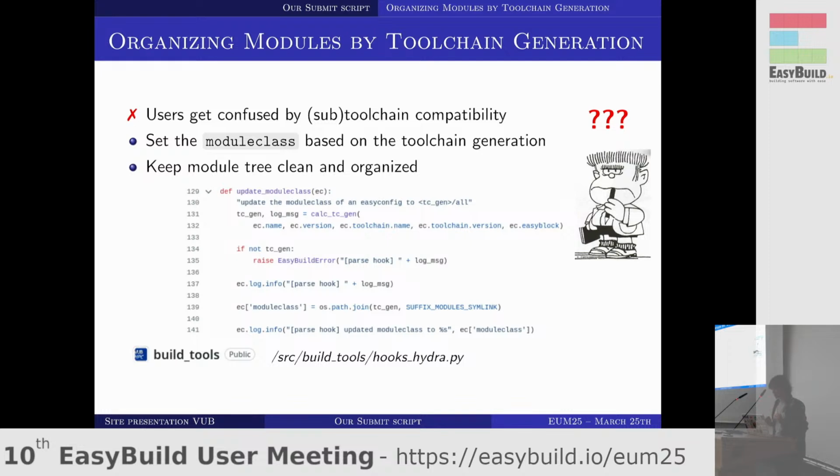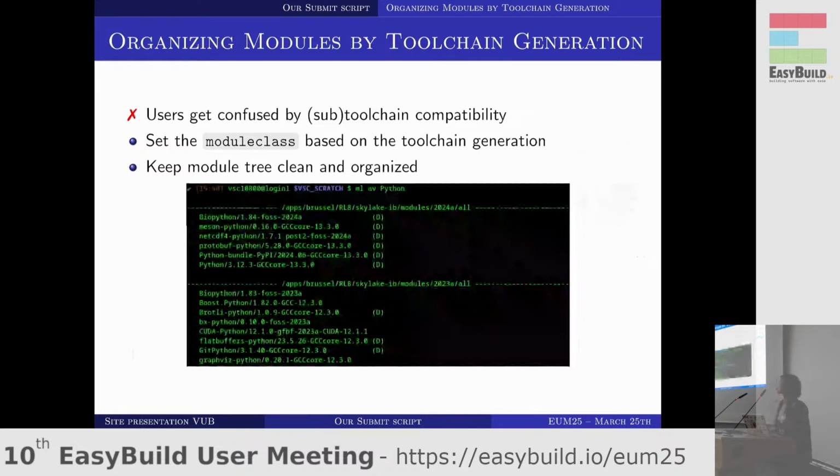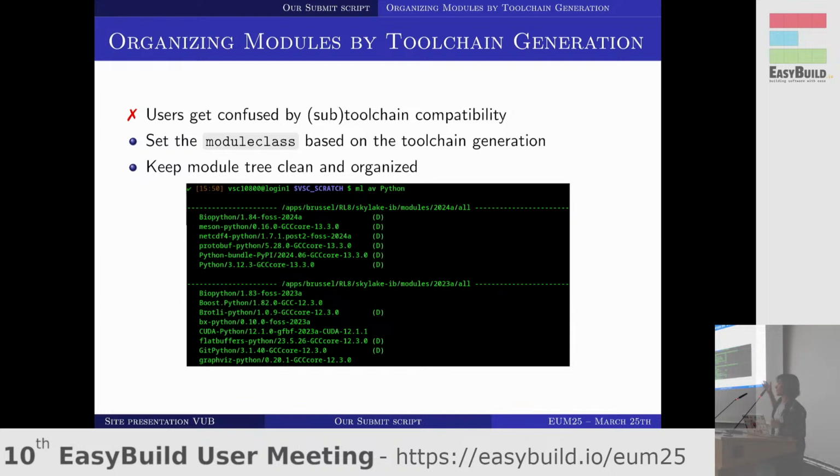So that means that when the user does module avail some software, it will be under, for example, 2023A-all, and those are all the modules. It's a bit easier for them to see which generation the module belongs to. And it's also, I think, nice for us to keep our module tree logically organized. So these are two issues that users get confused about. Very simple, but I think it actually really helps.